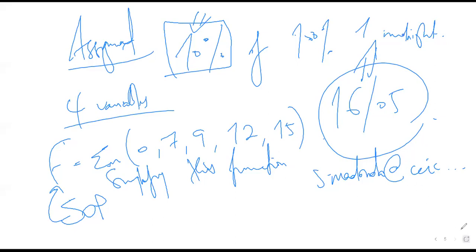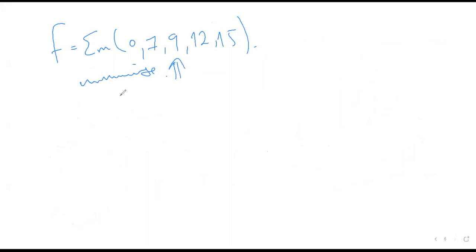Take notes. You have a function F. F is equal to the sum of the minterms 0, 7, 9, 12, 15. I want you to minimize this function using either Boolean algebra or the K-map.